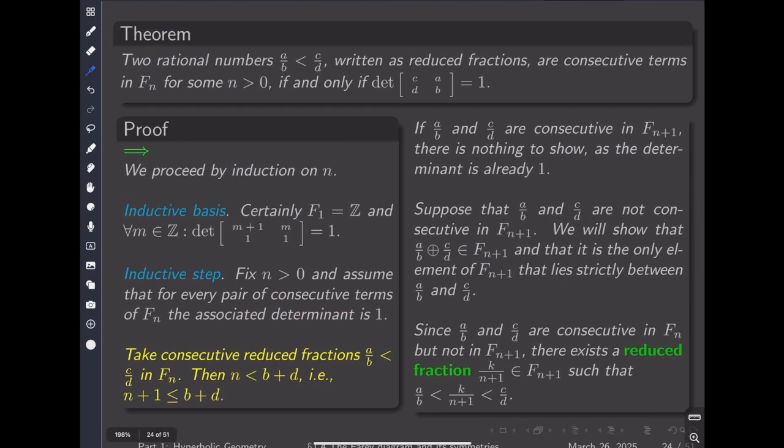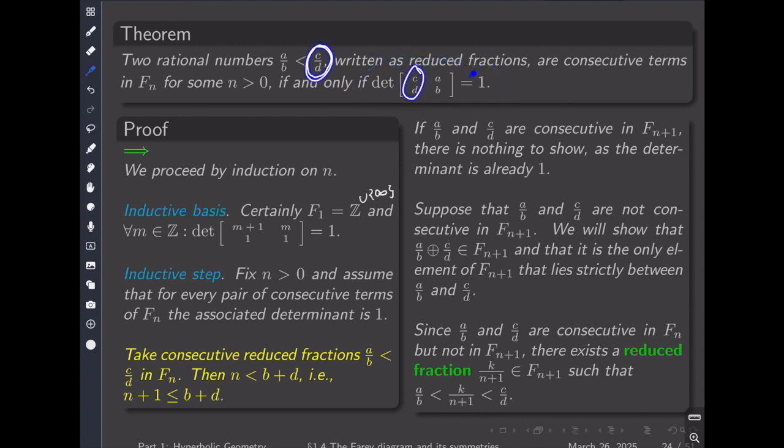So by induction, because F1 is Z union infinity, according to what I defined above. Then one just checks. We know that this determinant is 1. Of course, here I'm not writing plus or minus 1 because I'm already writing the larger as first column.